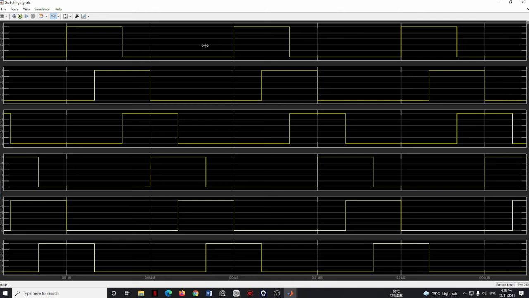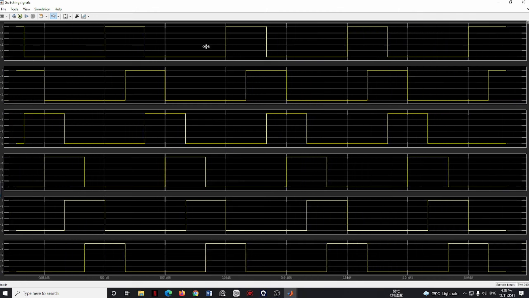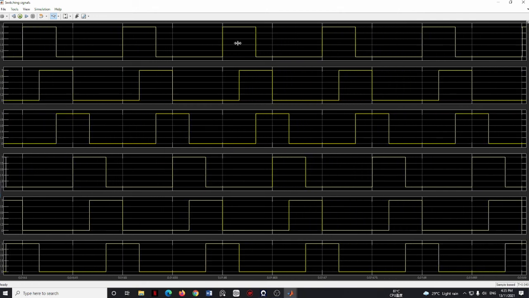This is the switching signal of S1, S2, S3, S4, S5 and S6. The difference here is 60 degree, and we know from here that there is no step in the waveform.